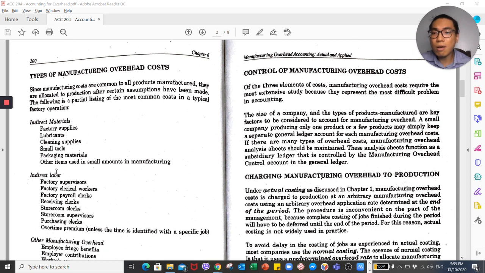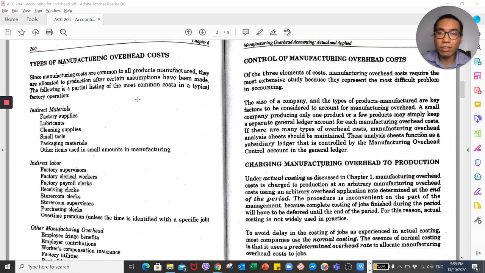To name a few examples of our overhead costs: for the indirect materials, these are usually materials that we do not see directly in the product itself, such as our supplies, lubricants, things used to stick parts together to create a certain output, and very small tools, such as certain nails. It depends on the company's treatment. For example, for nails, there are some companies that treat them as part of their direct materials.